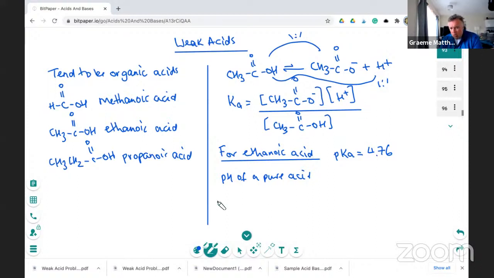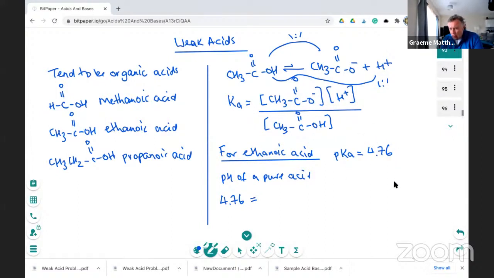If it's on its own, acid in the beaker, your pKa is 4.76. I can say this. So using this expression here, well, see this ethanoate and hydrogen ion, it's a one-to-one correspondence.